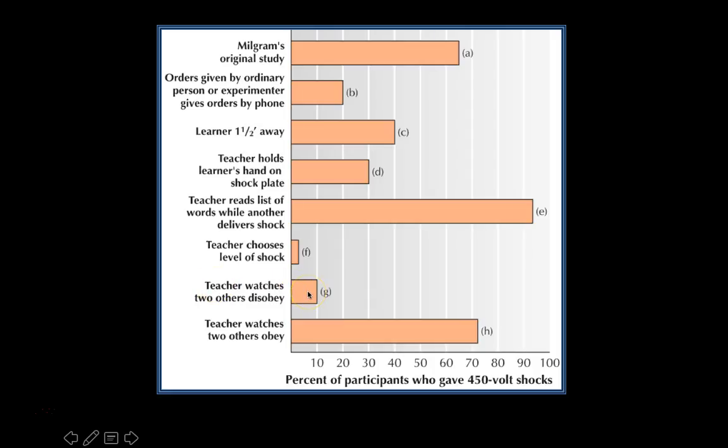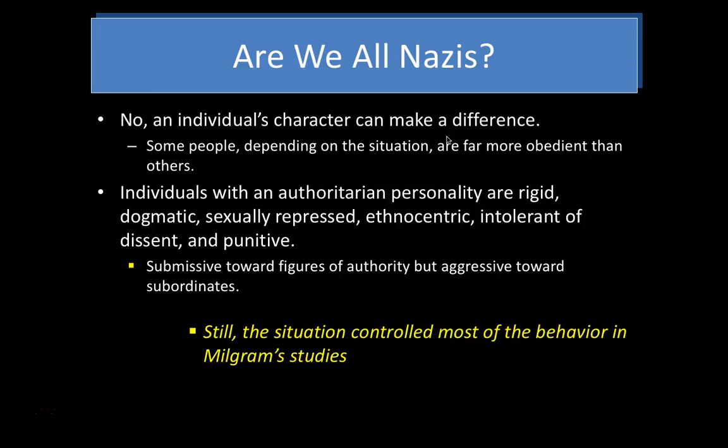It disengages them from being caught in this web and trap of obedience. Teacher watches two others obey, so when you get observational learning, that heightens the effect a little bit more. So these are very telling results.